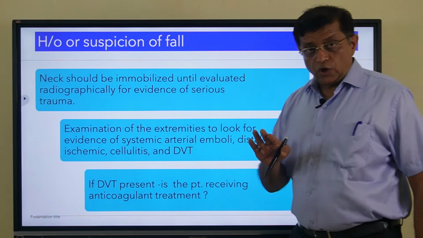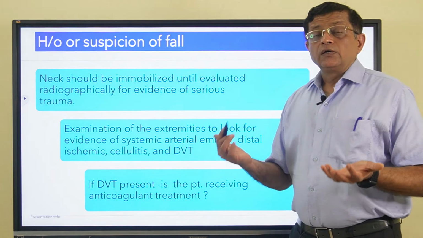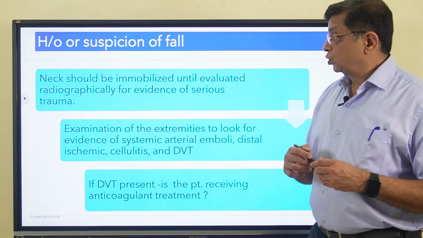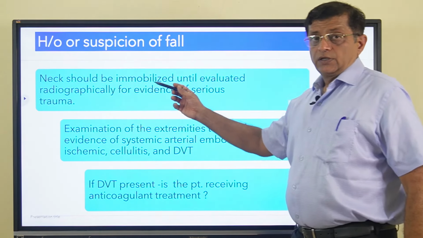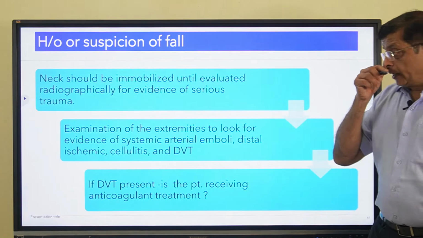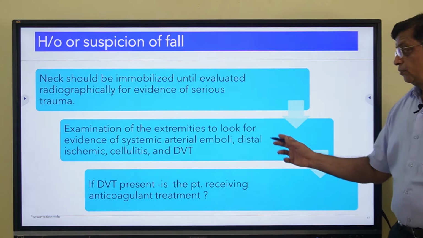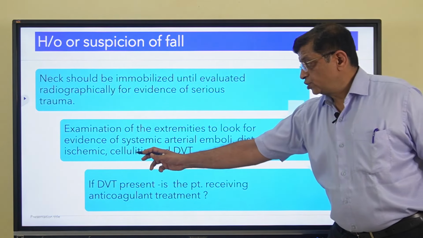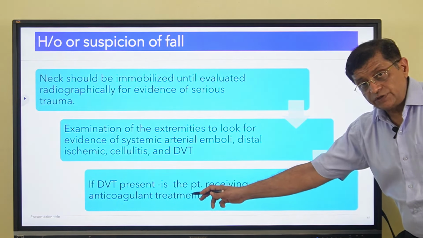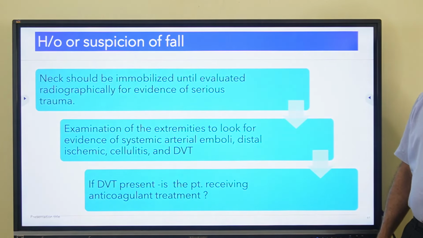If there is history of fall, sometimes the patient may have a stroke and fall down, or sometimes the fall itself may cause a deficit which could mimic a stroke. So, the neck should be immobilized until the NEXUS criteria or Canadian C-spine rule clears the neck. Then examine the extremities to look for evidence of systemic arterial emboli, distal ischemia, cellulitis, and look for DVT. If the patient has DVT, then check whether the patient is taking any anticoagulation.